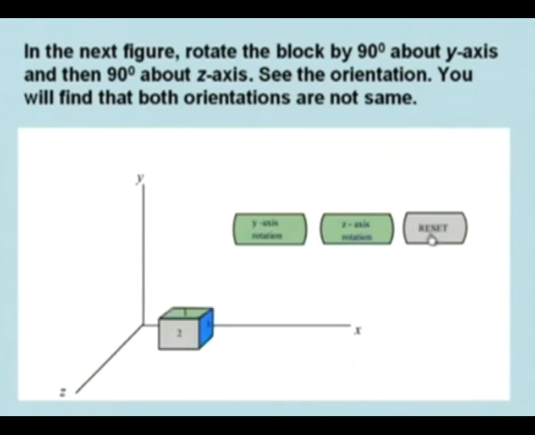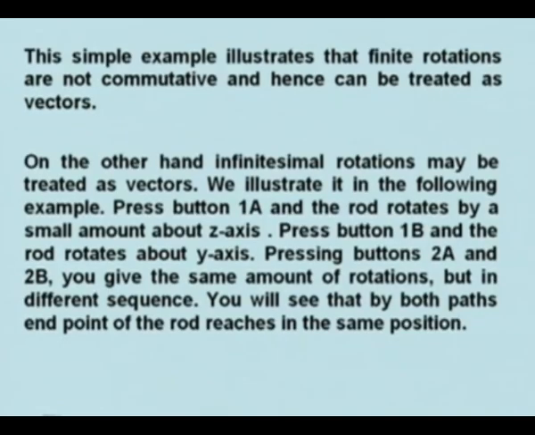You can do these experiments for learning and more clarity by taking some book and rotating it 90 degrees, and then again 90 degrees about another axis, and you see that finite rotations are not commutative. It depends on the order in which you do them.